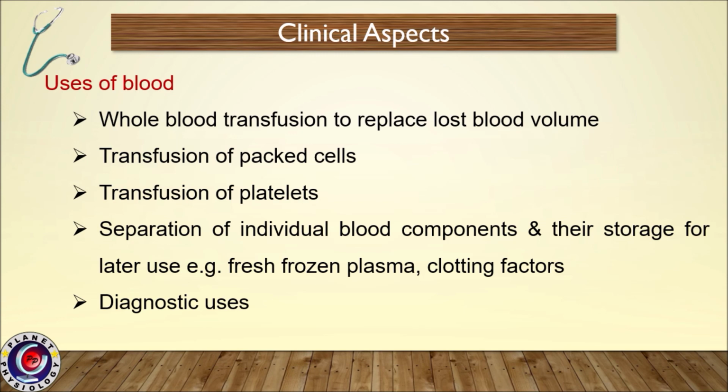Similarly, in diseases like dengue, you can give platelets only. Various components of the blood can be separated and stored for later use for many months together. For example, we can have fresh frozen plasma as well as clotting factors and some antibodies separated out which can be used in treatment.